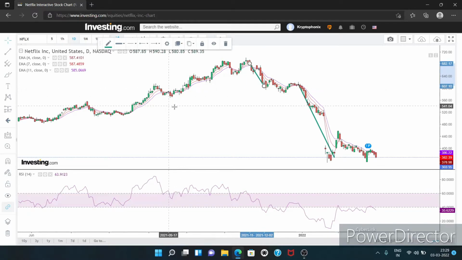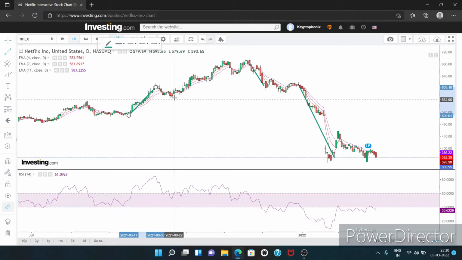This is a signal to buy. Also, what's common between both these points along with this is that the RSI is between the 60 and 40 band. These both being a signal to buy resulted in a good up move.